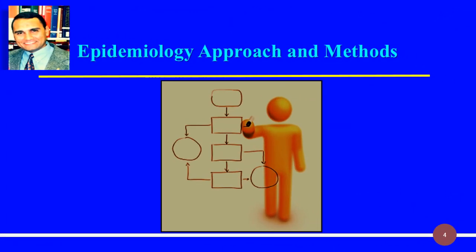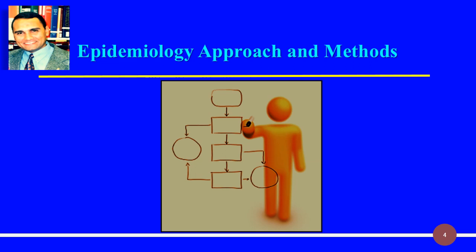Epidemiology approach and methods. As with all scientific endeavors, the practice of epidemiology relies on a systematic approach. In very simple terms, we have to count, divide, and compare. Before counting cases, however, we must decide what a case is.